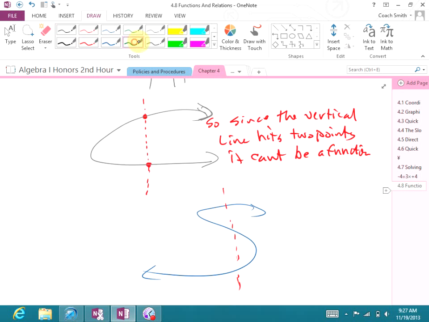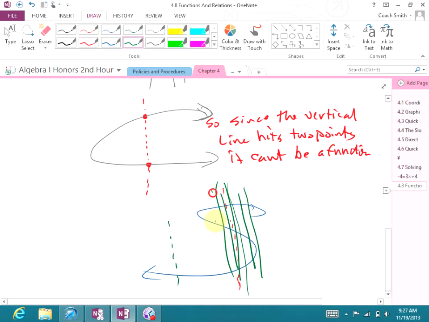So I can't come down here and just say, okay, I'll draw a line right there, it's a function. It's not a function because I can do this right here. So, basically, if I fill the page with vertical lines like this, and I hit any 2 points on that same line, then it can't be a function. It's not like I can pick one spot and try to get it where it's not a function.